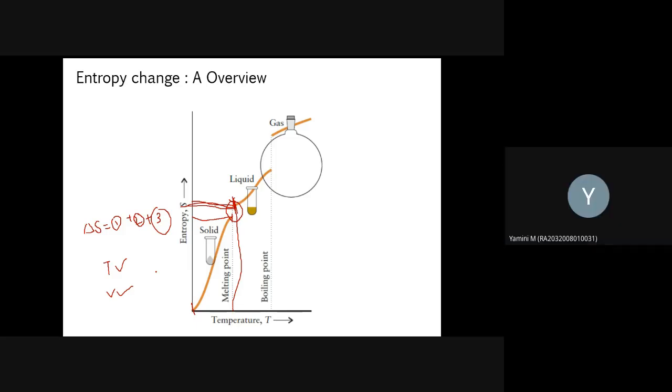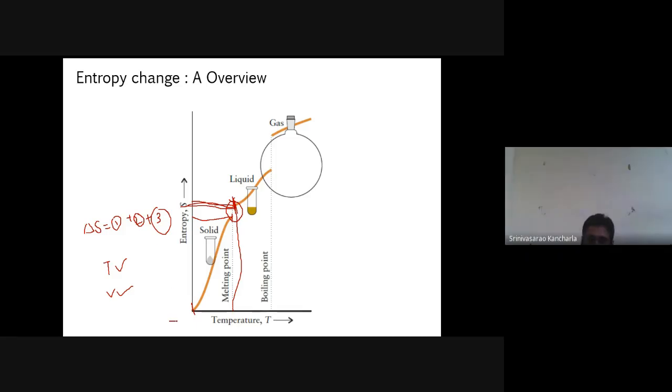Suppose this is -4 degrees centigrade, and you are dealing with ice. You are increasing the temperature up to this point, which you can consider as above the freezing point, say 1 degree centigrade. At 1 degree centigrade, it is just above the freezing point of water, 0 degrees centigrade.